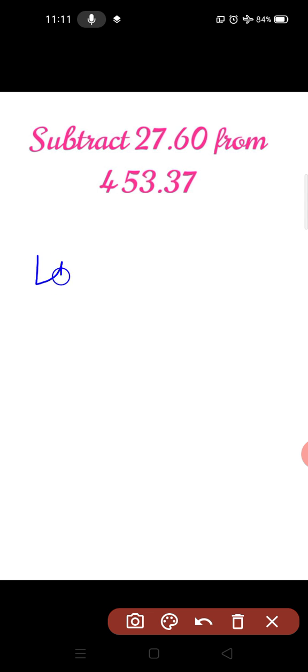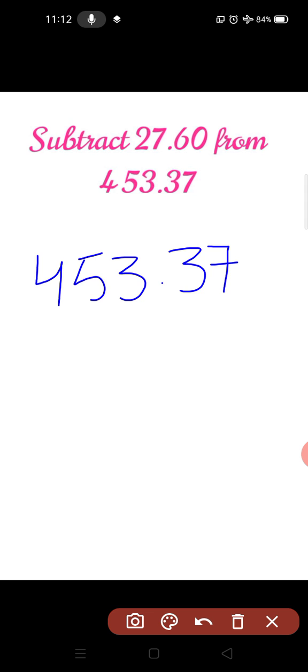Here the question is subtract 27.60 from 453.37. First stack the numbers one below the other, taking care of the place values. The bigger number 453.37 should be above the smaller number 27.60. 453.37 is a bigger number, write first, and next 27.60, write according to their place values.